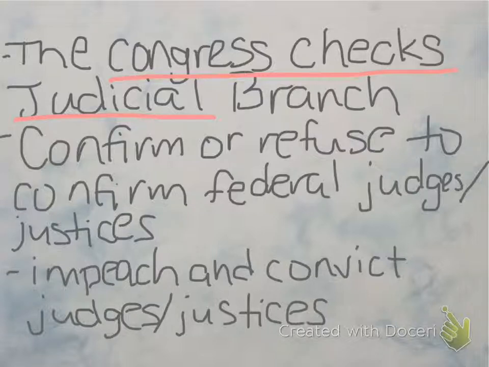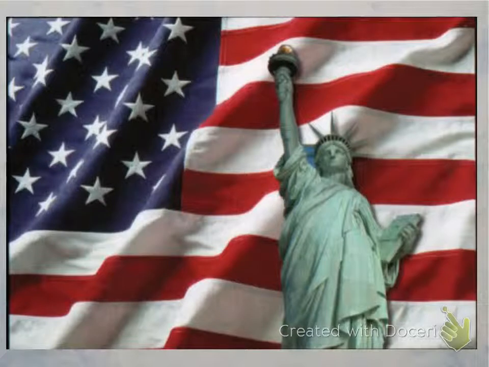The Congress checks the judicial branch and confirms or refuses to confirm federal judges and justices, and impeach and convict judges and justices.